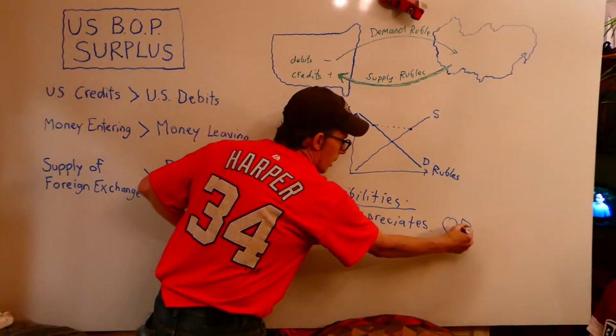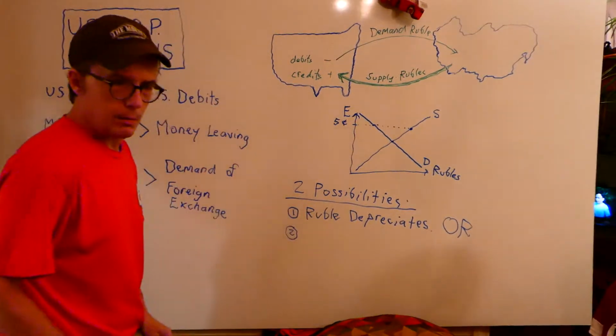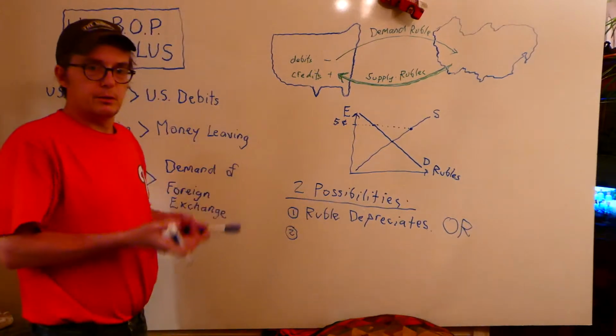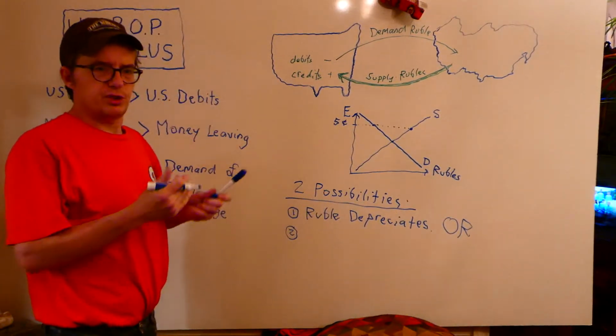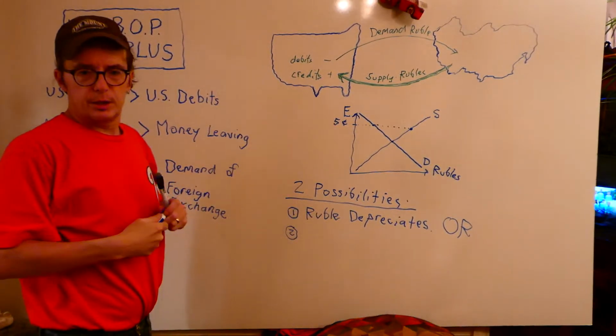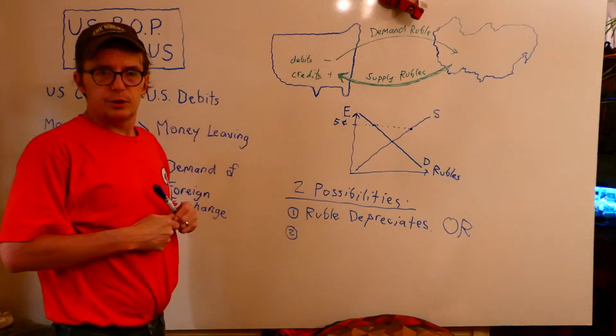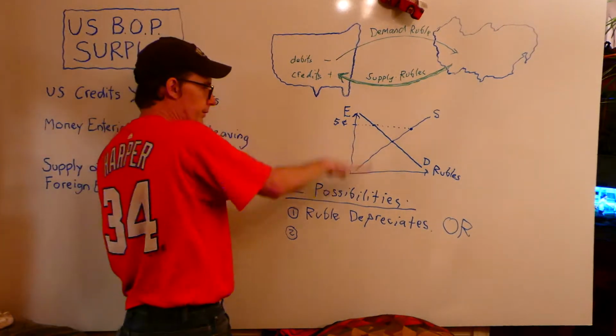Or, what if the Central Bank of Russia decides, hey, we don't want the ruble to depreciate. We want it to be valuable. 5 cents is good, perhaps because they want to buy government military stuff, or it's easier to pay debts if they've got a strong currency. So they don't want it to fall.